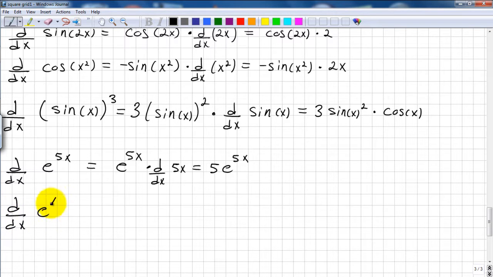Let's move on to e to the x squared. So the derivative of the outside, in this case, as we remember from the previous example, stays the same since the derivative of e to the x is e to the x, and times the derivative of the inside function, which is 2x.